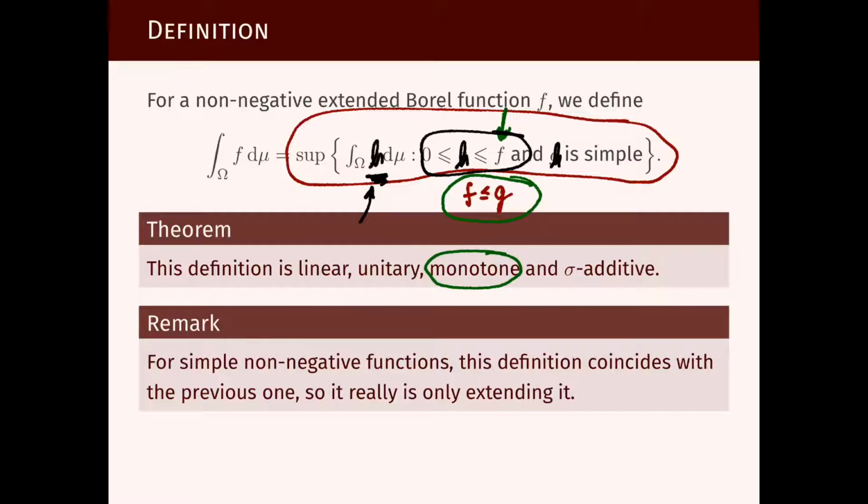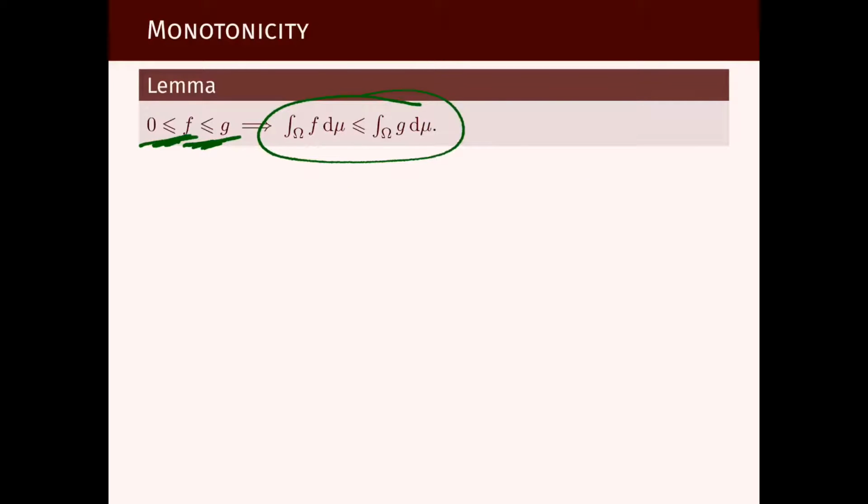So simply because this set here can increase, the supremum can increase, but it cannot decrease. In other words, what we are using here is that the supremum of a set is smaller than the supremum of another set if the set is a subset of the other one. And so just this alone gives us monotonicity.